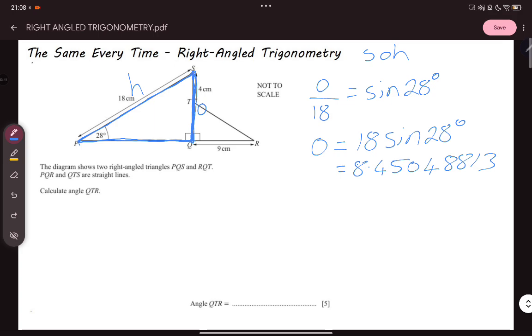But remember, what I actually wanted was the distance from T to Q, because we were going to use this triangle just here. So what I want is the distance from T to Q. Well, if S to Q is 8.4504 and so on, then if I subtract a 4 from that length, the whole length just there, that whole distance from Q to S is 8.4504.